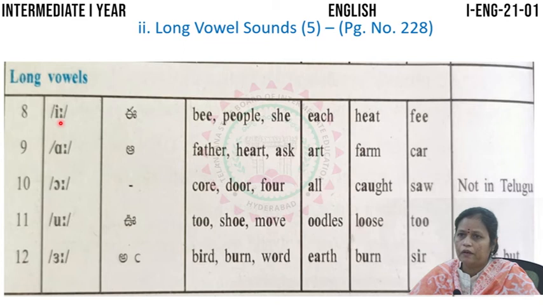The 2 dots mention that it is a long vowel sound. The long vowel sound is shown through these 2 dots in these 2 oblique marks. This phoneme is E, as in Telugu, the second E, like bee, pimple, she.